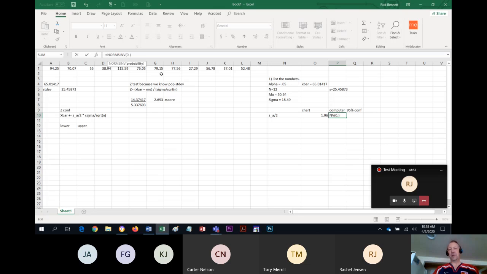Now, in this case, we need to look at our alternative hypothesis before we finish our bell curve. Our alternative hypothesis is not equal to. So am I doing a one or a two-tailed test? Two-tailed. We're going to do a two-tailed test. So I need two tails on here.